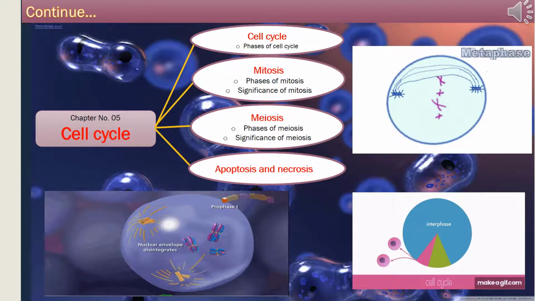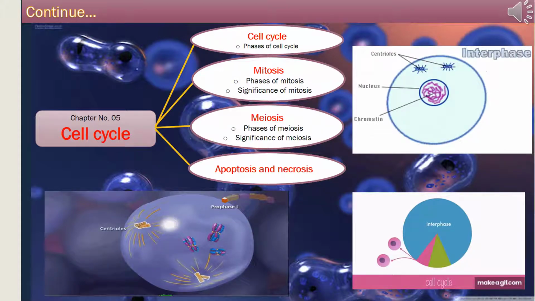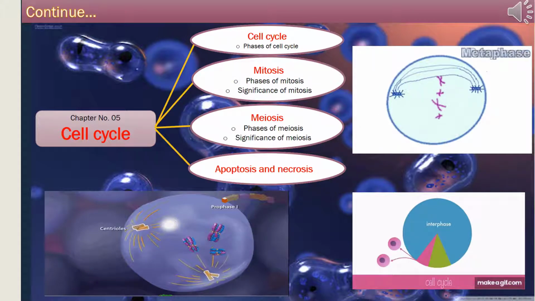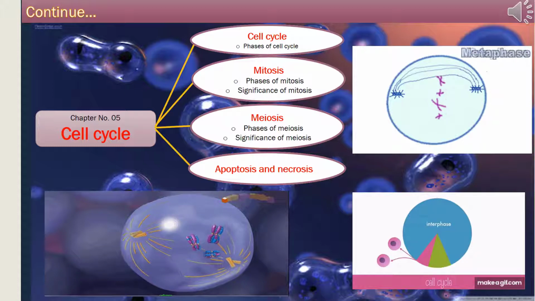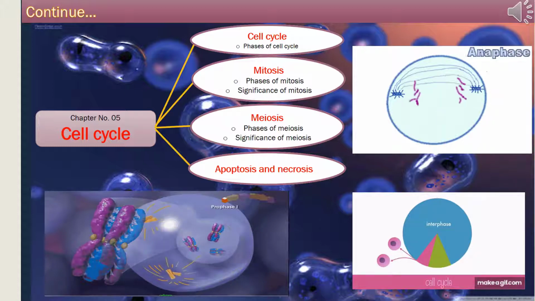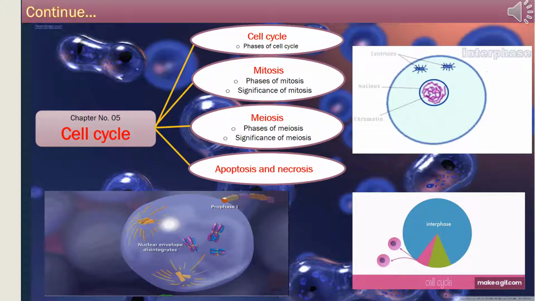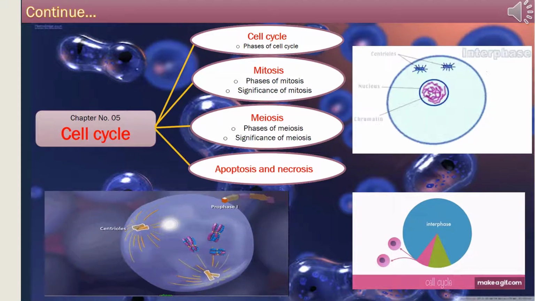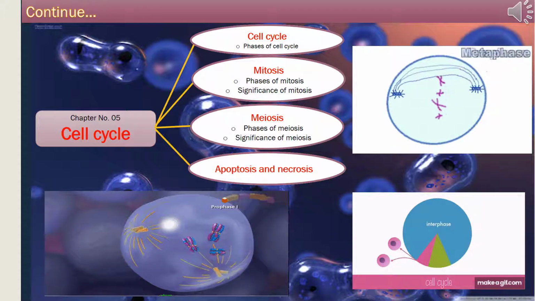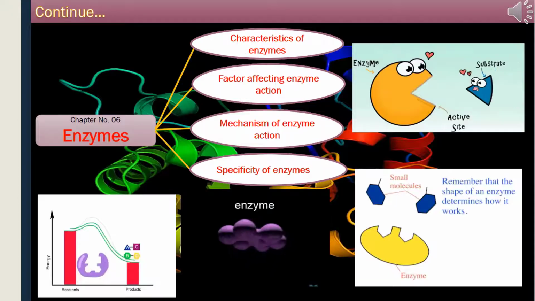Chapter number 5, cell cycle. In this chapter we will discuss the cell cycle, phases of the cell cycle, and division of a cell. Division of a cell is carried out in two ways, mitosis and meiosis. We will discuss phases of mitosis and meiosis, significance of mitosis and meiosis, and last, errors, which are apoptosis and necrosis.